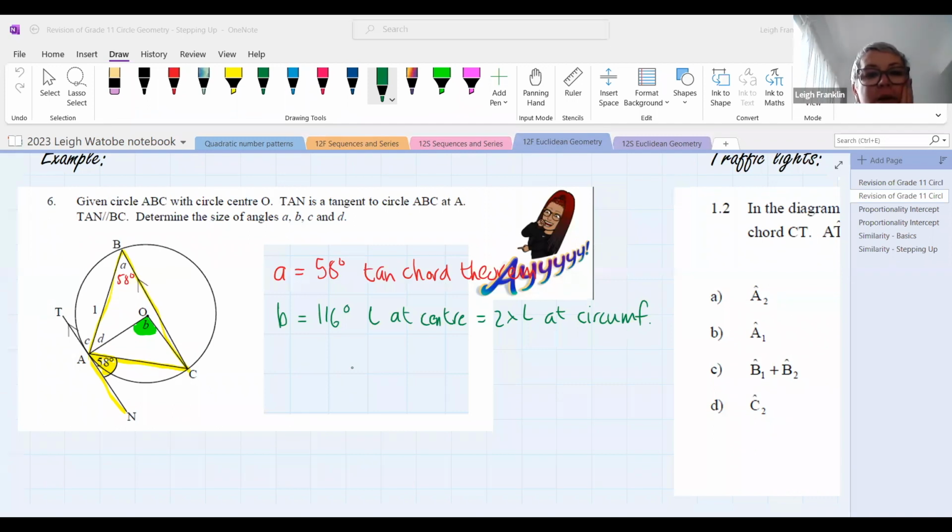Now let's have a look at angle C. How is angle C related to any of the angles that we already know? Can anybody see the relationship there between something that we already have?